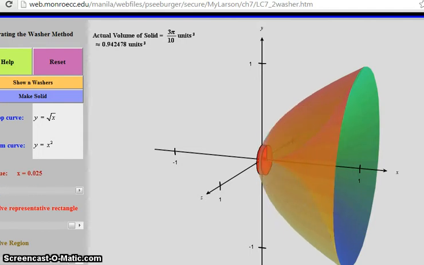How we're going to do that is pretty simple. We just need to know one little formula, and it basically comes from the area of a circle, pi r squared. We're going to multiply pi times the integral from a to b of our outer radius, which we'll call capital R, minus our axis of rotation, squared. So there's our radius minus our axis, which is like the radius of the washer, so there's the r squared, and we can pull the pi out front.